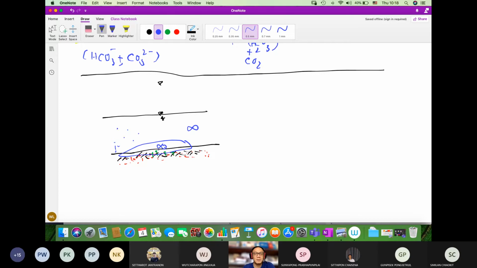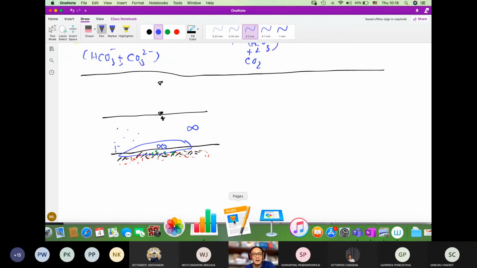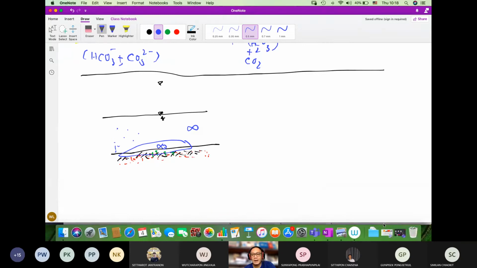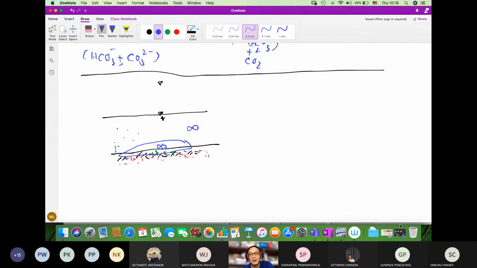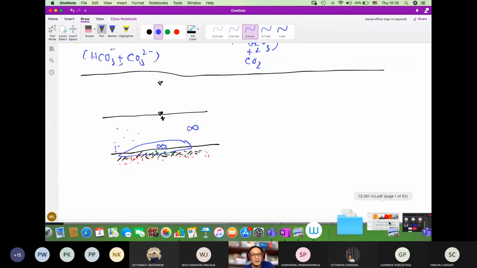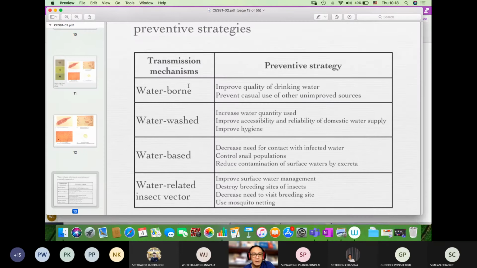So we have to be careful while eating these types of organisms. Avoiding eating and avoiding contact with these contaminated organisms is the best way to prevent disease transmitted due to the water-based mechanisms.